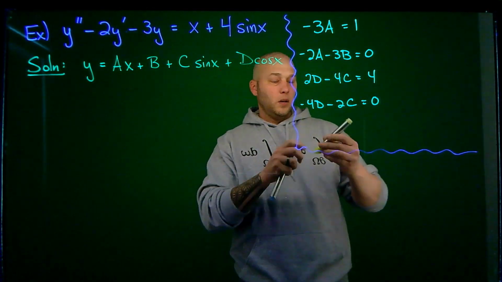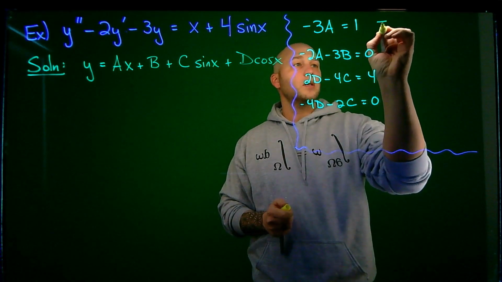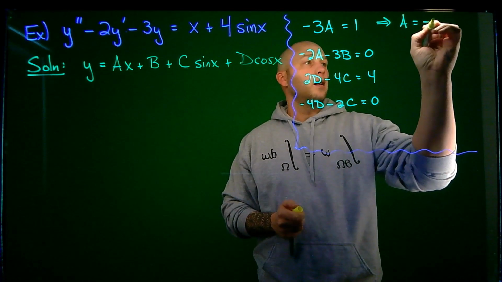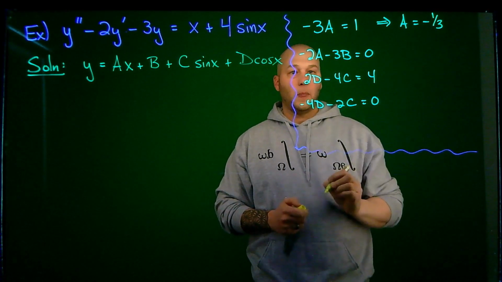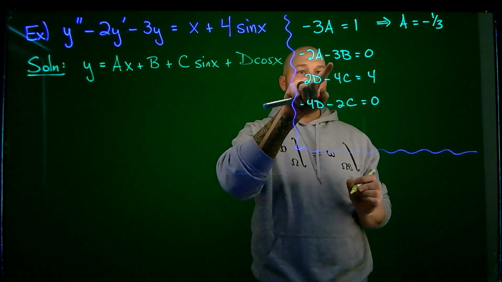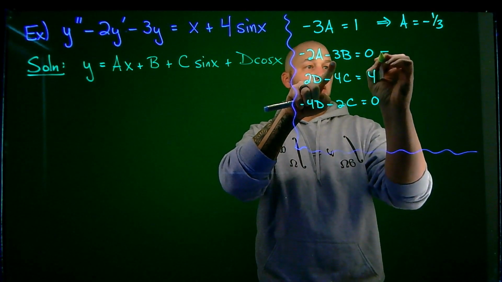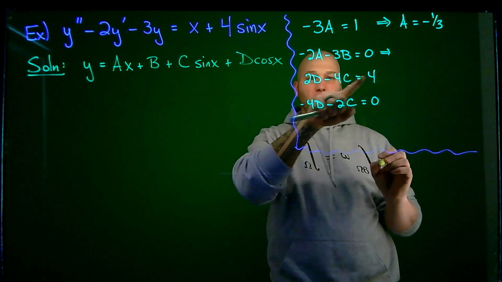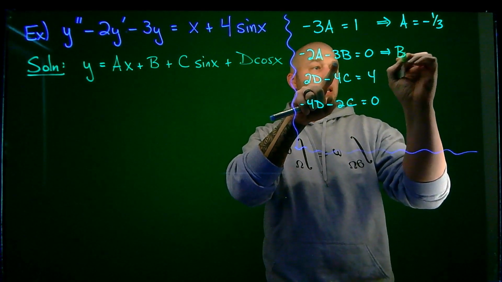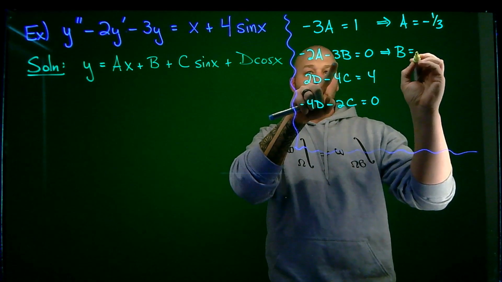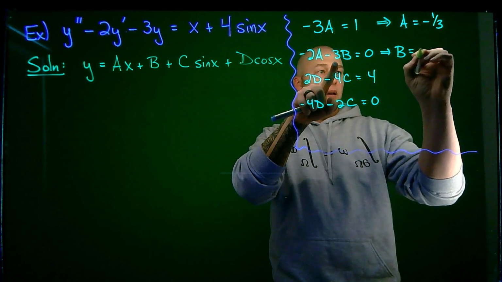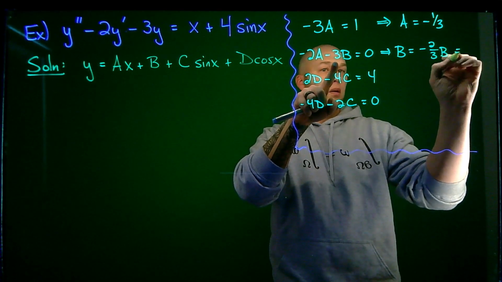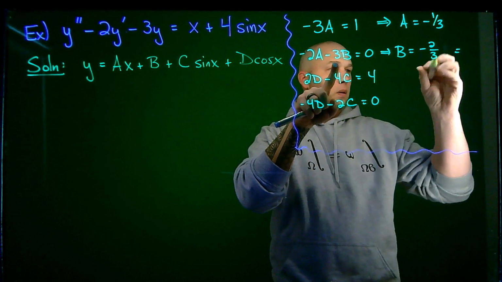All right, so let's see here. First and foremost, this tells me that a is going to be negative 1/3. And then once I have negative 1/3, I can go ahead and plug it in down here, because this is going to say, if I add 3b to the other side and divide by 3, I get b is equal to negative 2/3 a.